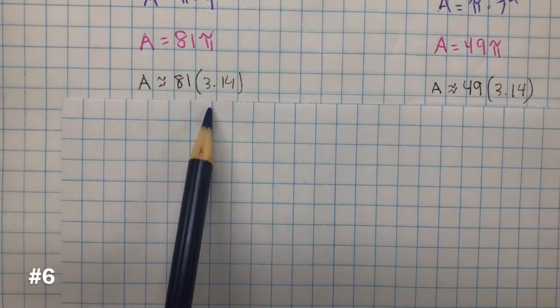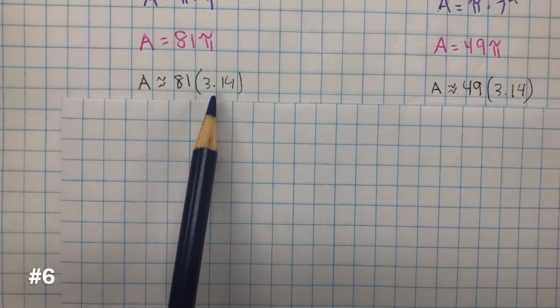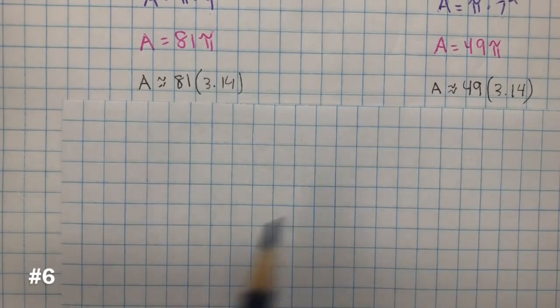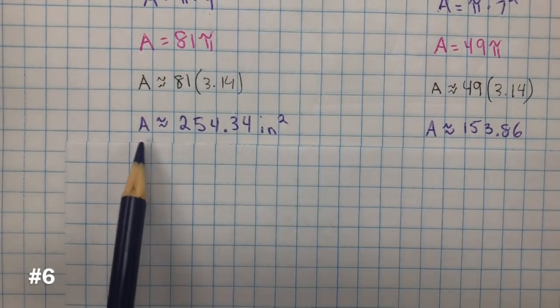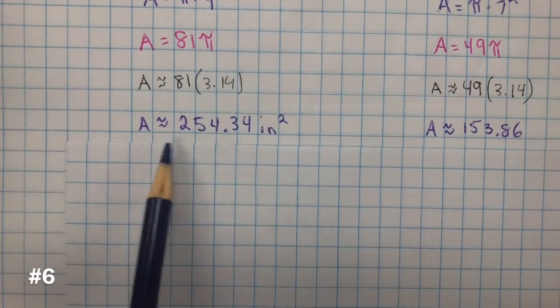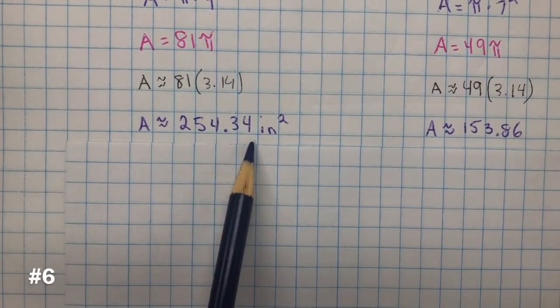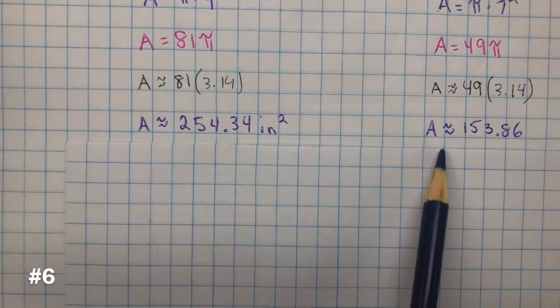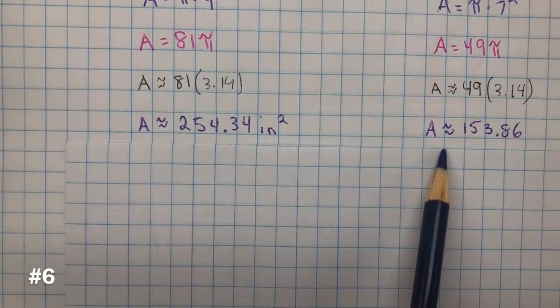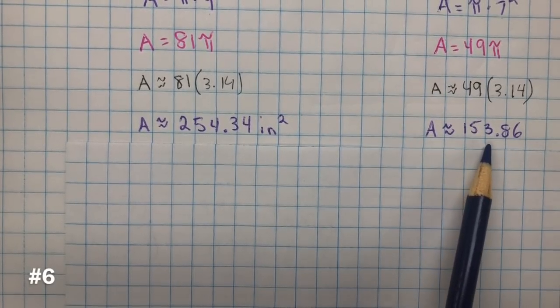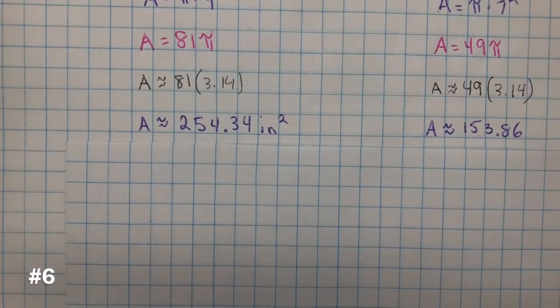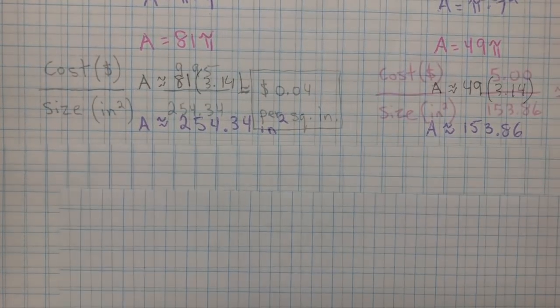Now I'm going to multiply them by the approximate value of pi, 3.14. And I get the area of the Costco pizza is approximately 254 and 3/4 inches squared. And the area of Little Caesars pizza is approximately 153 and 86 inches squared.